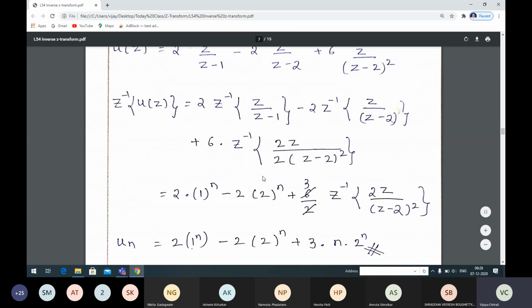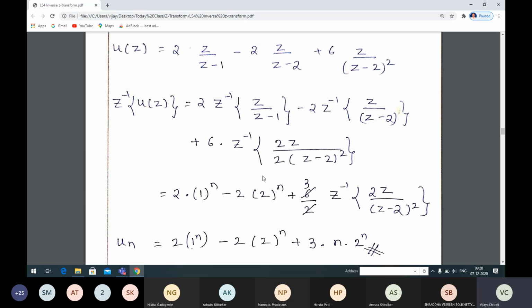Now apply the inverse z transform on both sides. So Z inverse of U(z) is equal to 2 times Z inverse of z/(z - 1), minus 2 times Z inverse of z/(z - 2), plus 6 times Z inverse of z/(z - 2)^2.